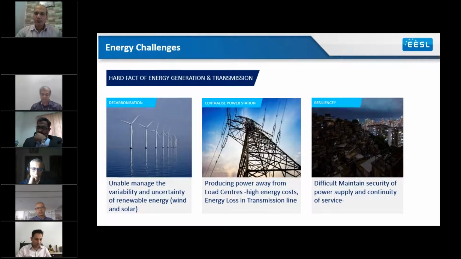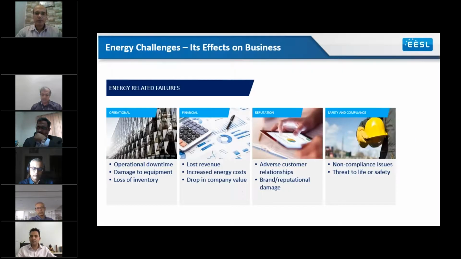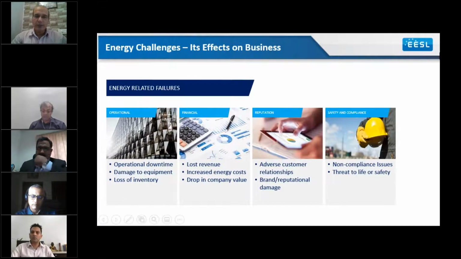There is a chance of frequent power failures. There are operational downtimes which lead to damaged equipment, loss of inventory, and thus loss of revenue, increased energy cost, and drop in company value. So there are energy challenges in the existing scenario.